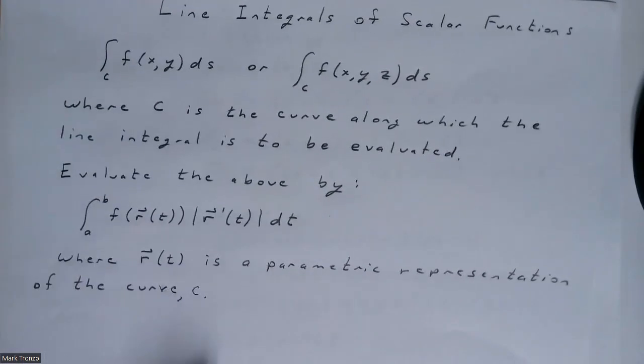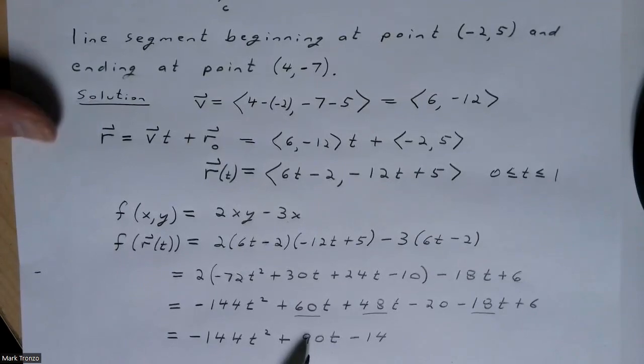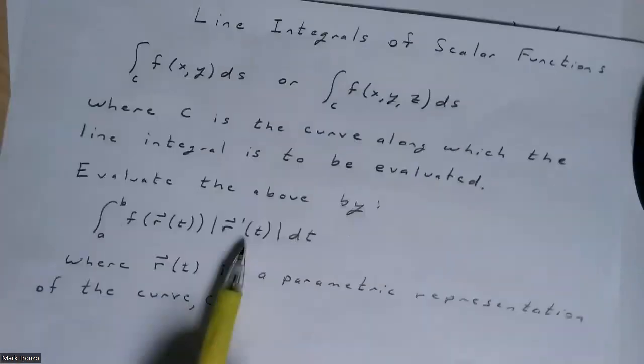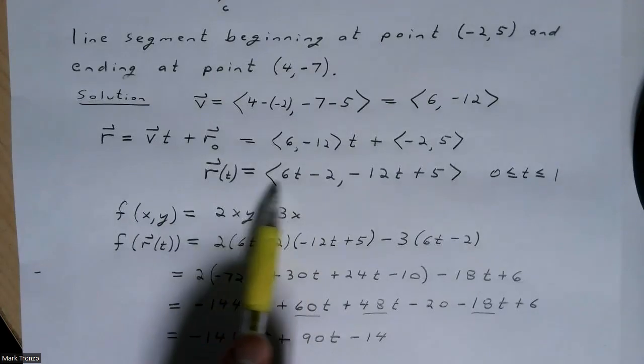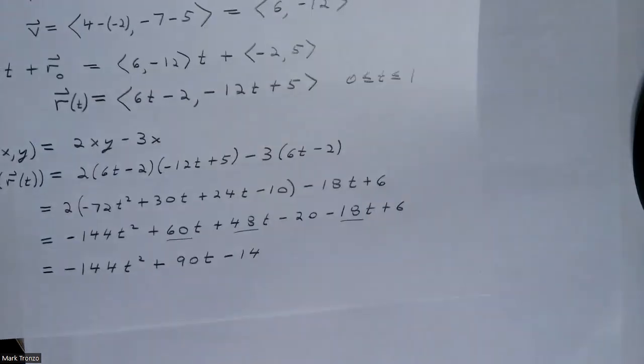And once again, looking at our equation here, we're going to need r prime of t. And over here we had r of t with this. So let me just write down the derivative of that. Again, let me just write down what we originally had, just for clarity.